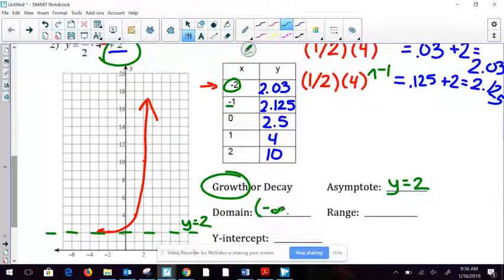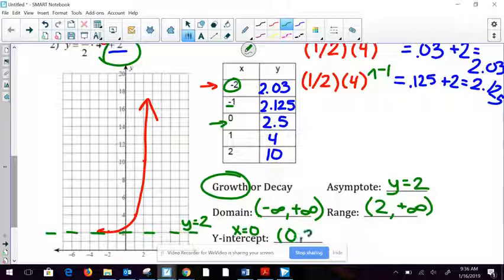Yes, -infinity to +infinity. My range, now remember how I found that asymptote, whatever's being added or subtracted in my equation, that starts my range. It starts at 2 and it shoots up sky high to +infinity. The final thing I get from my table is what is the x-intercept or the y-intercept. That's where x is equal to 0, so that is at 0, 2.5.